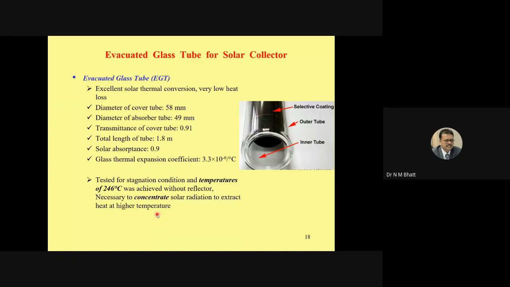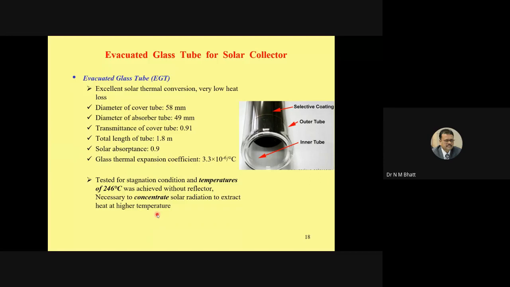Okay. So those who are working in the area of solar thermal systems could predict that if this is the stagnation temperature, what could the working temperature be? If the stagnation temperature is 246 degrees centigrade, the working temperature could be in the range of 100 to, let's say, 110, 120 degrees centigrade. Okay.